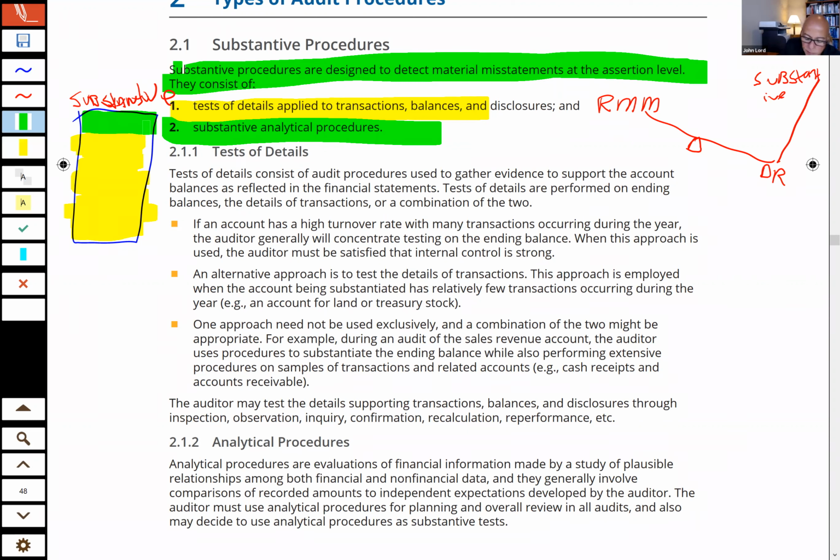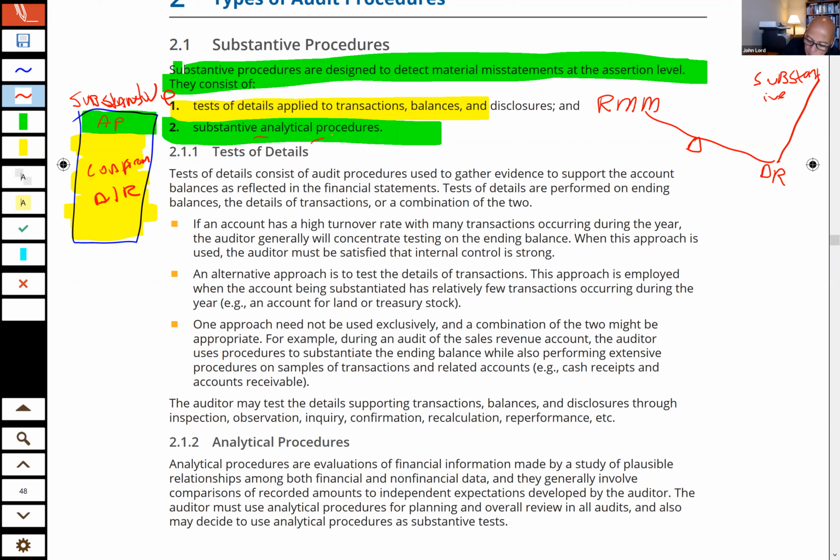For example, confirm accounts receivable is a good example of a test of details. But we can also supplement that with some of these analytical procedures, which is not accounts payable, it's AP. I'm calling for analytical procedures here. So just keep in mind that you can have both of those.